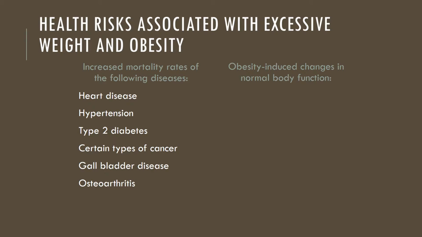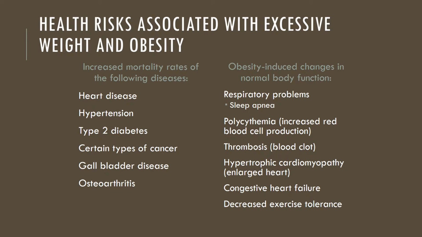I'm sure you're all aware that there are health risks associated with obesity, but I want to define what some of these are. So heart disease, coronary heart disease, more generally cardiovascular disease, hypertension, which is high blood pressure, type 2 diabetes, which we're going to talk about next week, certain types of cancer, especially breast cancer and colon cancer, gallbladder disease, and osteoarthritis.